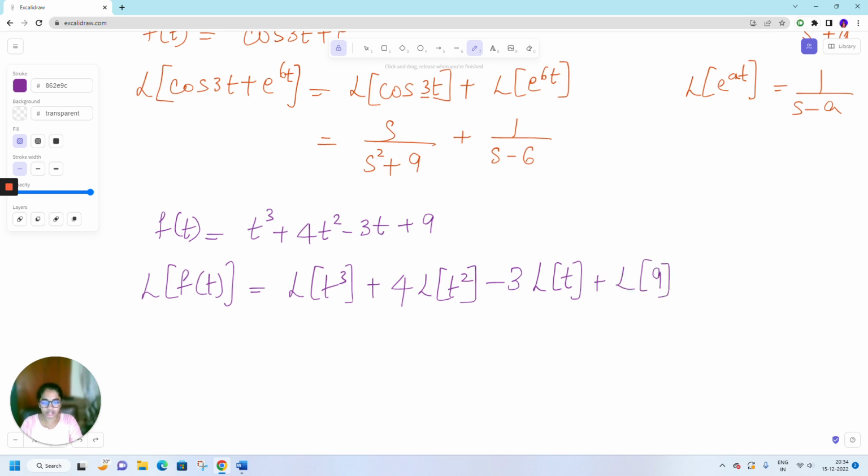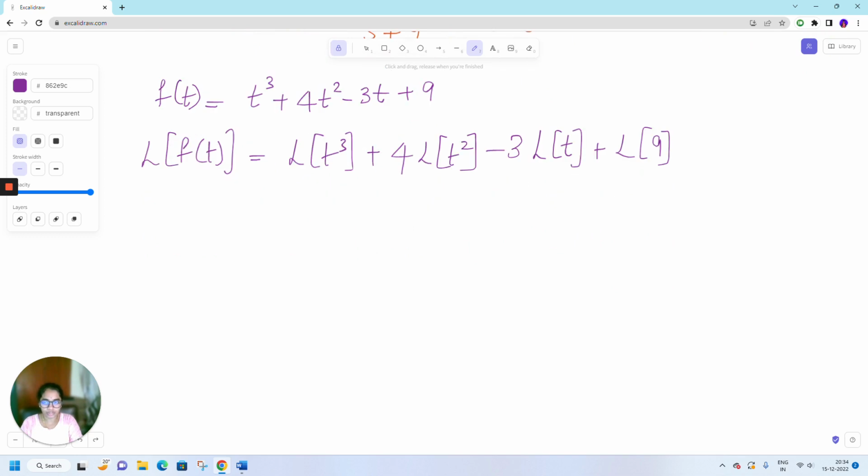Now what is the formula for Laplace of t power n? Laplace of t power n formula is n factorial divided by s to the power n plus 1. Let me take the first term. If you observe the first term, what do we have in the place of n?